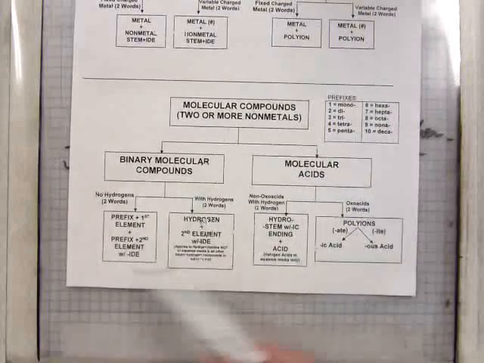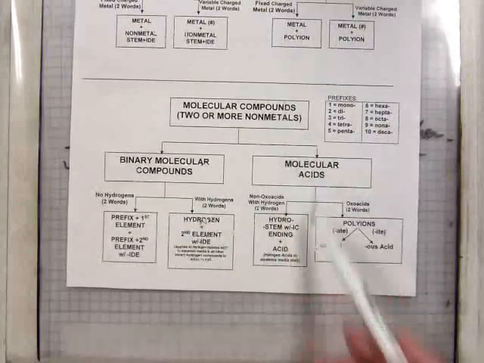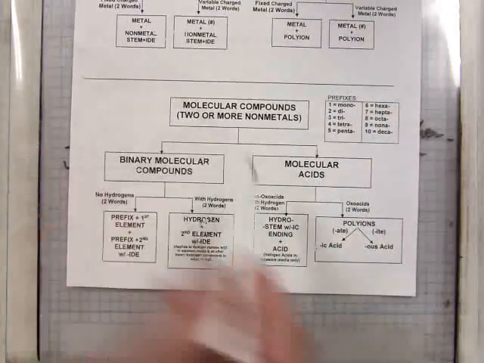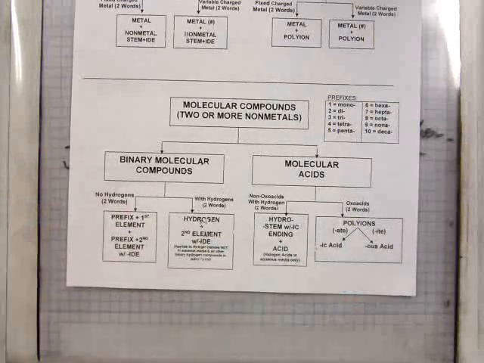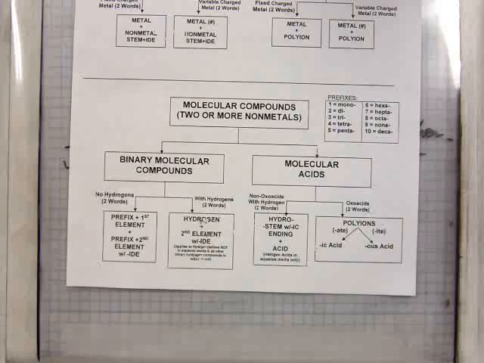And I'll lay this out to you. And then we have what we call molecular acids. It's very important that you spend some time learning how to name molecular acids because they make up a significant portion, especially of Chem 2, as you get into acid bases, theories, and equilibrium.